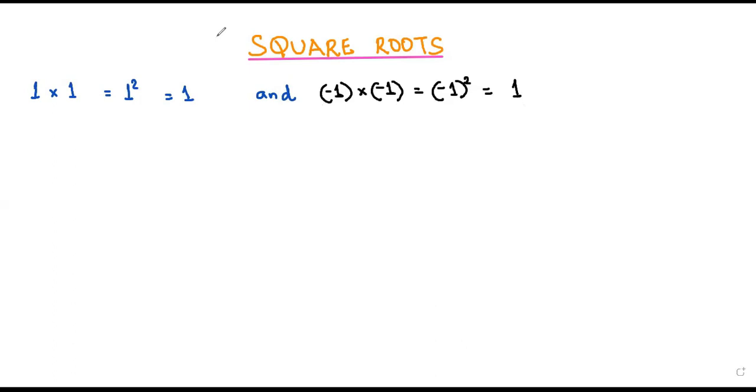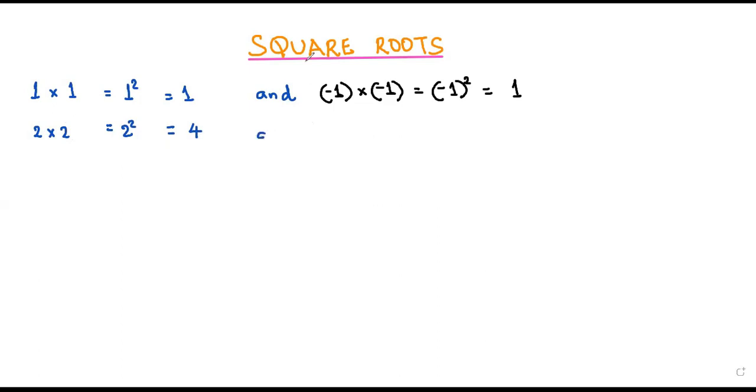So you can see that 1 times 1 will give you 1, and negative 1 times negative 1 will be also 1. Then when we have 2 times 2, we will get 2 squared. And 2 squared is the same as 4. Like 2 times 2 is the same as 4.